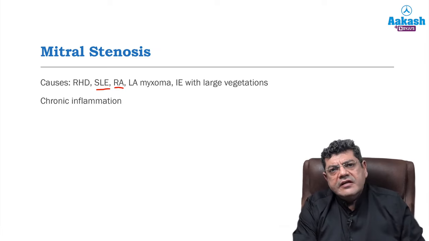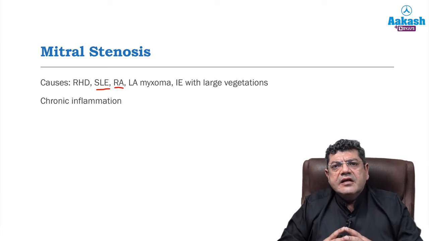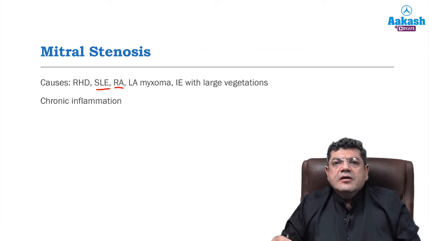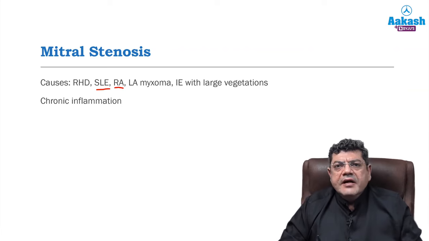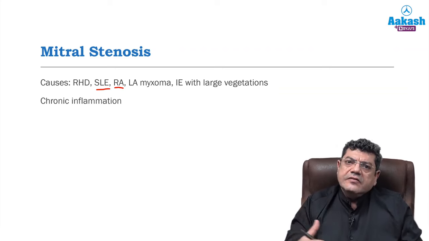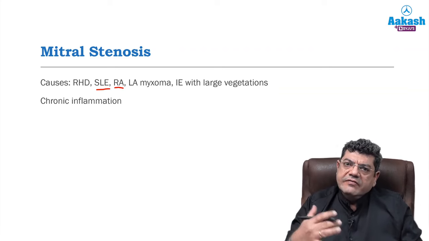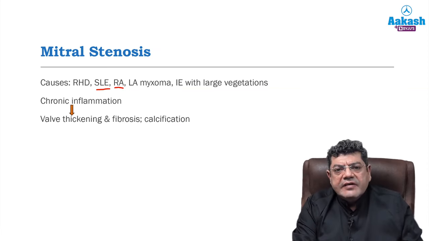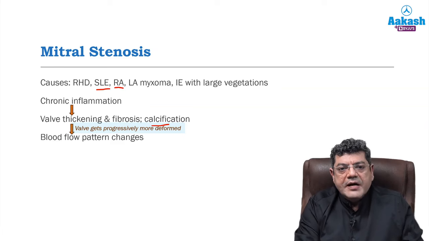So the chronic inflammation, why am I describing it as a chronic inflammation? Because these patients often have recurrent episodes of acute rheumatic fever, right? And therefore the inflammatory process becomes chronic. Not only that, the valve thickening and fibrosis and, in long standing MS, calcific deposits cause the blood flow pattern to change.